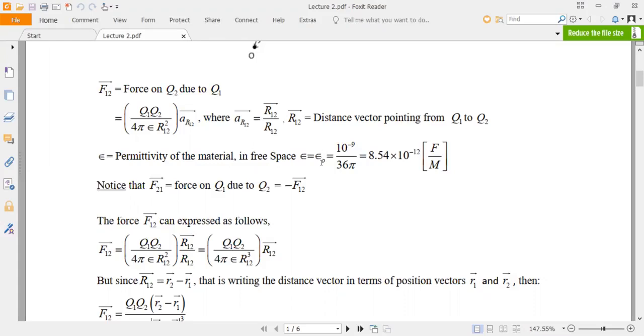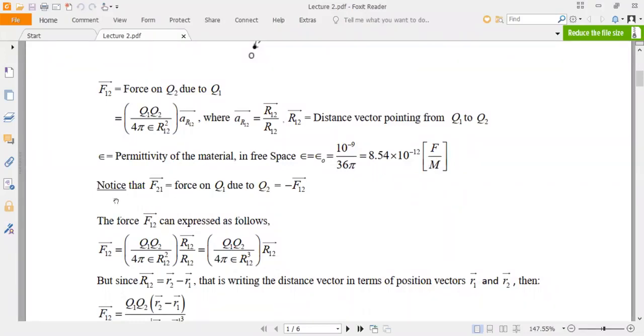It's a constant, a measured quantity determined experimentally long ago, and its value is 10 to the power of minus 9 over 36 pi, or 8.85 times 10 to the power of minus 12 farad per meter. Sorry, this m should be small because meter is small m.